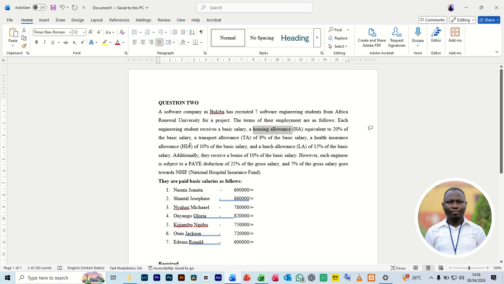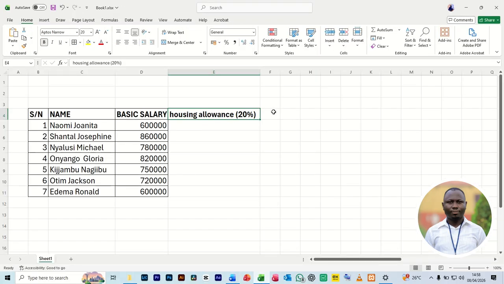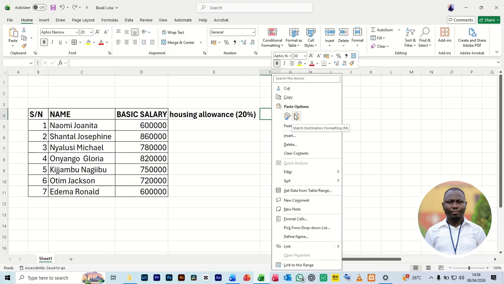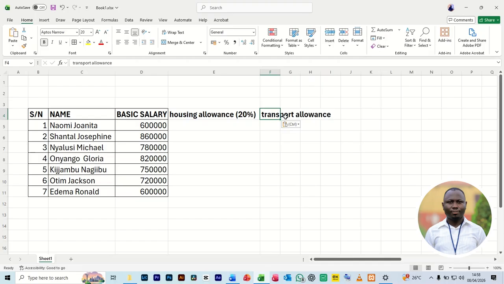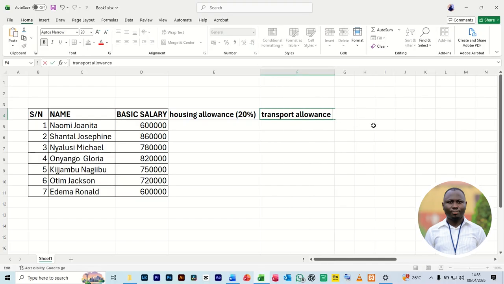We see transport allowance. And they're telling us transport allowance is 8%. So we're going to put here our transport allowance. And we know very well it's 8%, as it's written the other side, 8%.